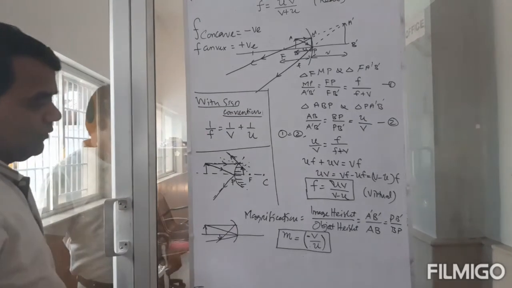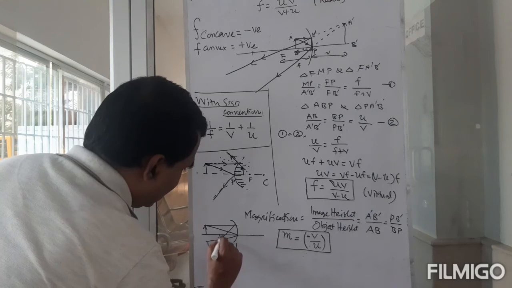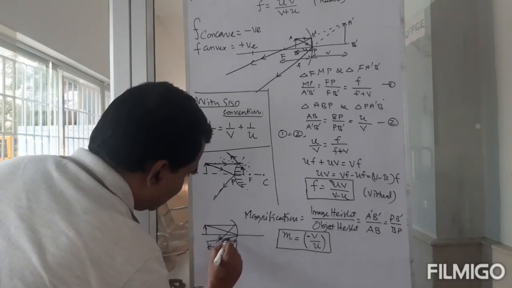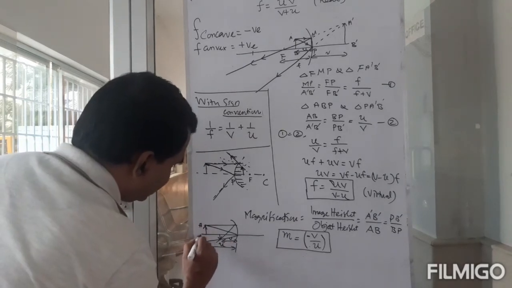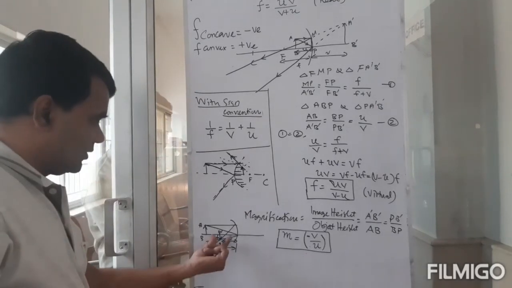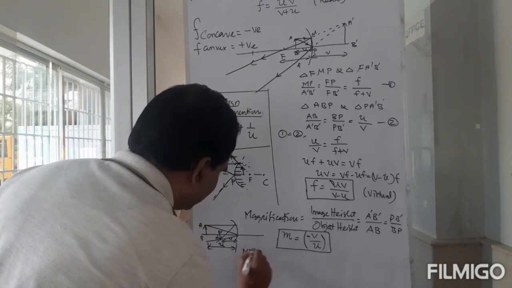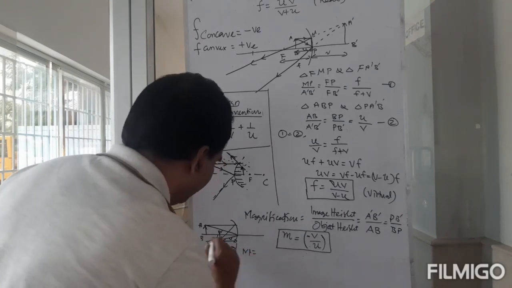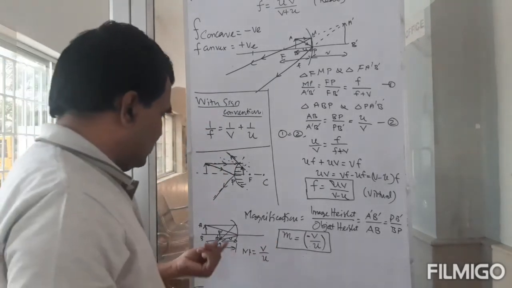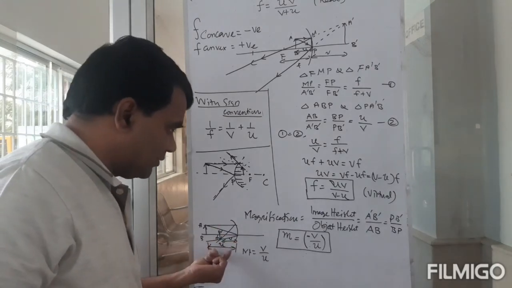It's inverted. Okay, so this is your V, and this is your U, and this is your V. This is AB. This is your A dash B dash. So this is U, this is V, right? So what is magnification? Magnification will be equal to V by U. But V is a negative quantity and U is also a negative quantity.